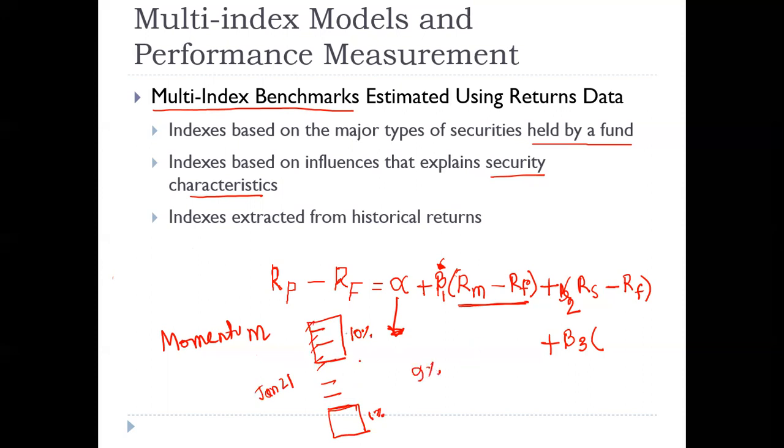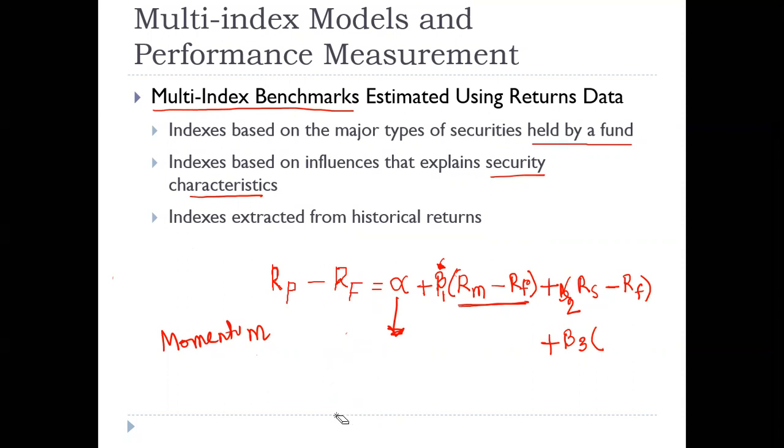Very simplistic understanding. Okay. So in this way, you have SMB, HML, and based on the momentum factor, it is also possible to get the return for the momentum factor.